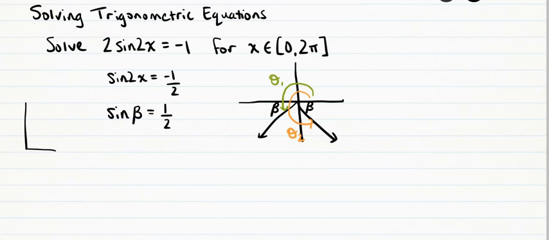If we draw out the special triangle, we have pi over 6 and pi over 3, and this side is root 3, this side is 1, and this side is 2. The opposite over hypotenuse that gives us 1 over 2 is for the reference angle of pi over 6. So beta is equal to pi over 6.